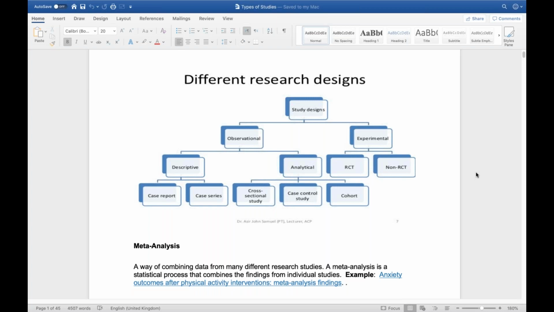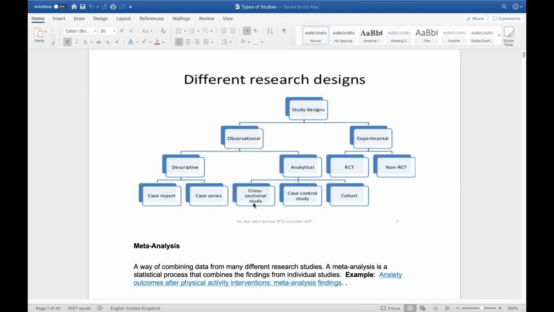Yes, they are really important. Something like HIV was discovered through case reports. Several case reports came describing a certain pathology, and after somebody went through these cases, they discovered that there was a new disease, which is HIV, something very well known today. So they are important, but they're not the strongest evidence.